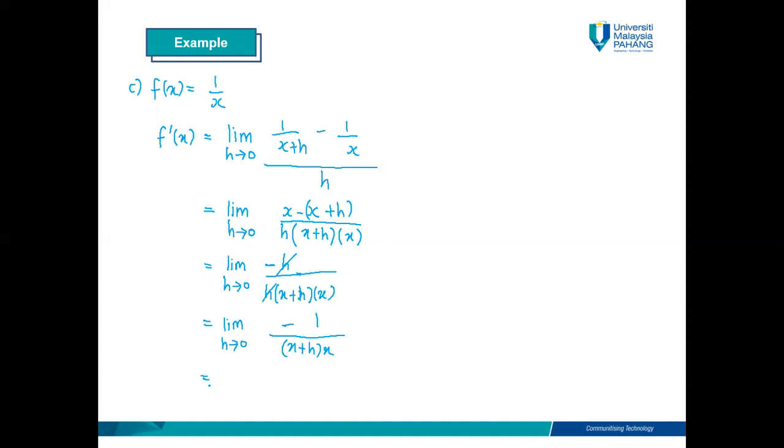So aku nak buat gantikan h equal to 0. So dia akan jadi negative 1 over x plus 0 times x. So dia akan jadi negative 1 over x square. So that is the answer for C.